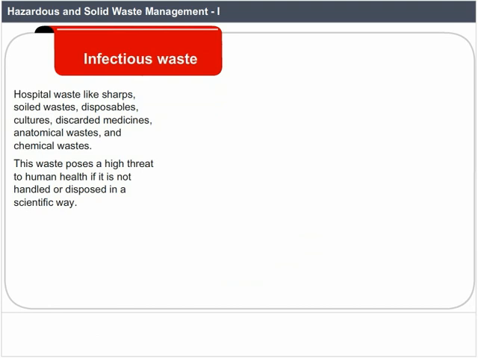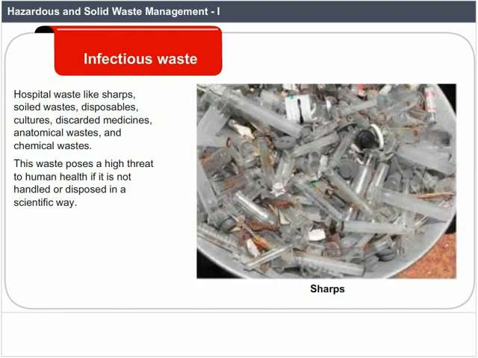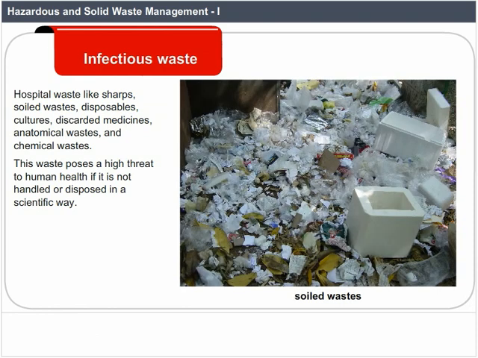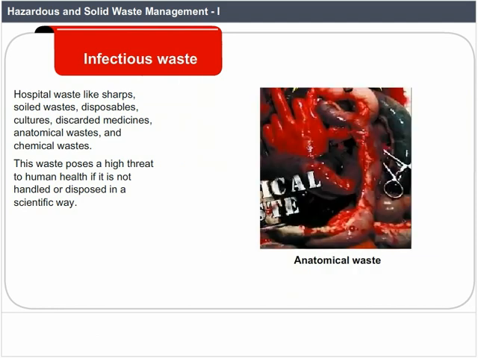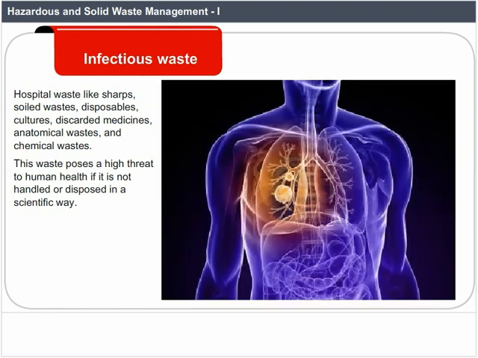Infectious waste. Hospital waste like sharps, soiled waste, disposables, cultures, discarded medicines, anatomical waste, and chemical waste. This waste poses a high threat to human health if it is not handled or disposed of in a scientific way.